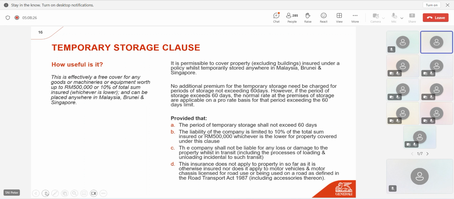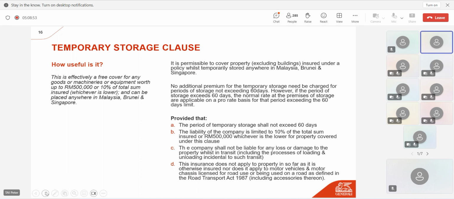Okay, so basically, this temporary storage clause, like I say, is not freely given. Underwriters will normally only allow this if you have a sizable business with us and your customer has many sub-locations.